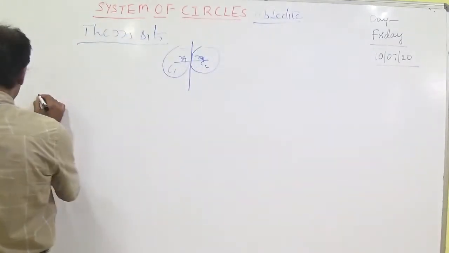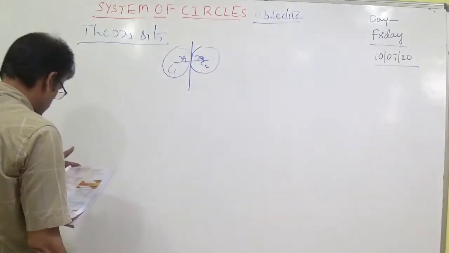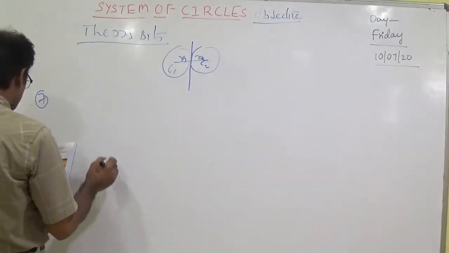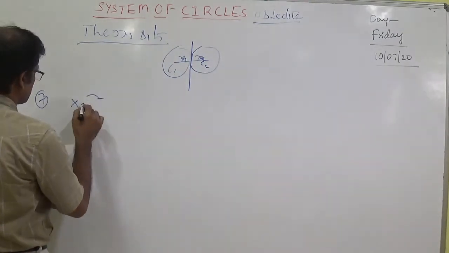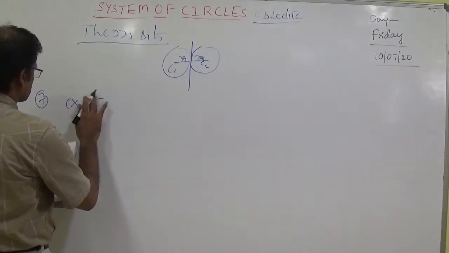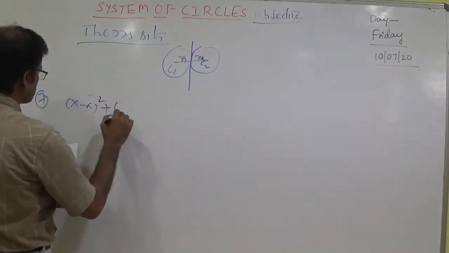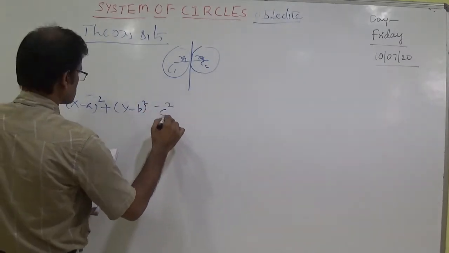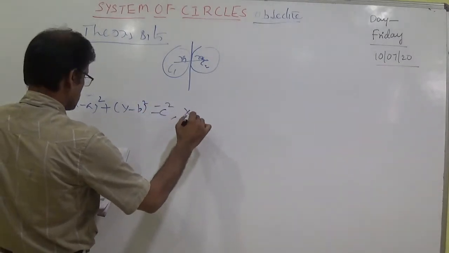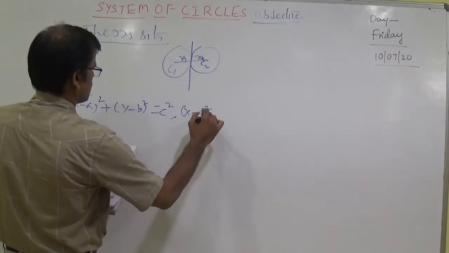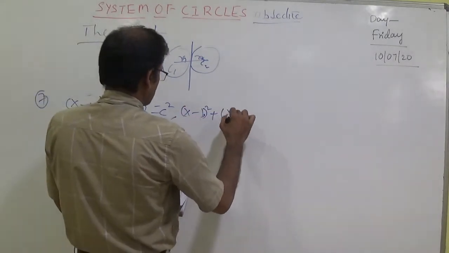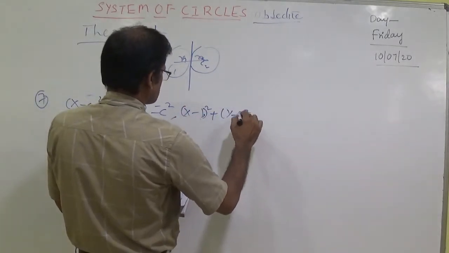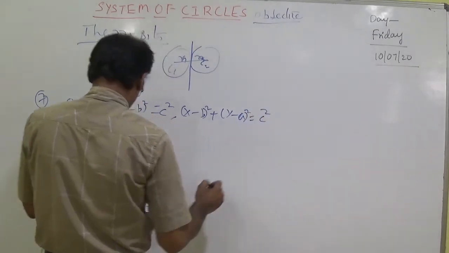Now let us discuss the seventh question. Length of the common chord of the circles (x minus a) whole square plus (y minus b) whole square is equal to c square, and (x minus b) whole square plus (y minus a) whole square is equal to c square.